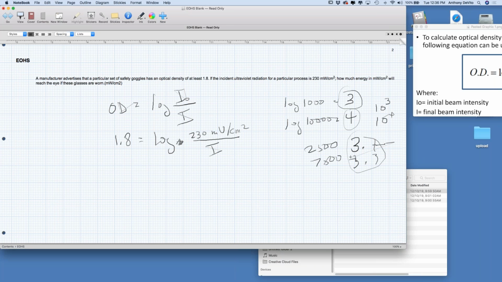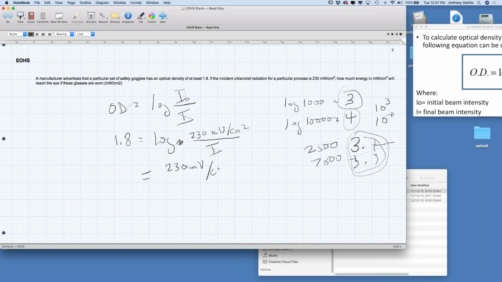So anything between those two numbers is going to have a value in between. Using this, I can now take the anti-log. The anti-log is the number to which we take 10 in order to get the original number. This side is going to be easy: the anti-logarithm of a log is just the number.